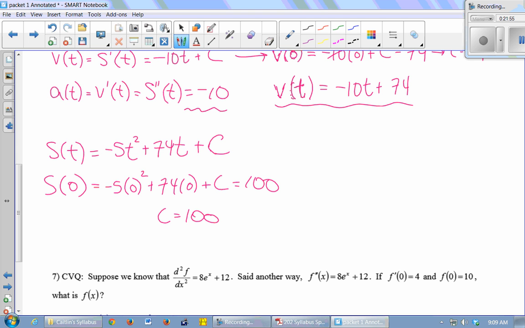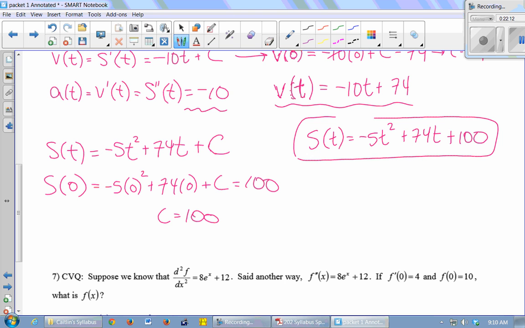So c is 100. So then I plug that in for c in my position function: negative 5t squared plus 74t plus 100. So those are my formulas for velocity and position of this object at any time t.